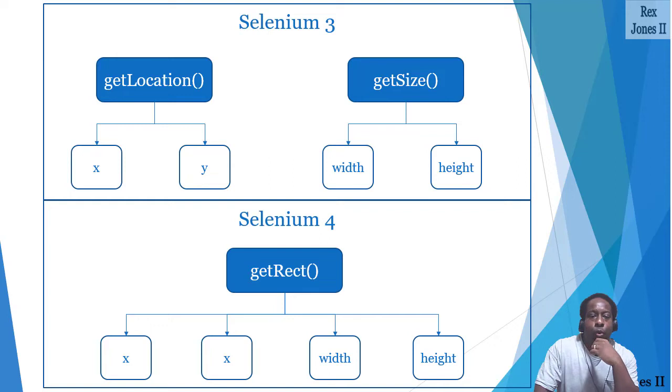With Selenium 4, the new getRect method is a combination that gets the X coordinate, Y coordinate, width, and height. In this video, I am going to show you all 3 methods: getRect, getLocation, and getSize. Then compare getRect to see if it returns the same values as getLocation and getSize.